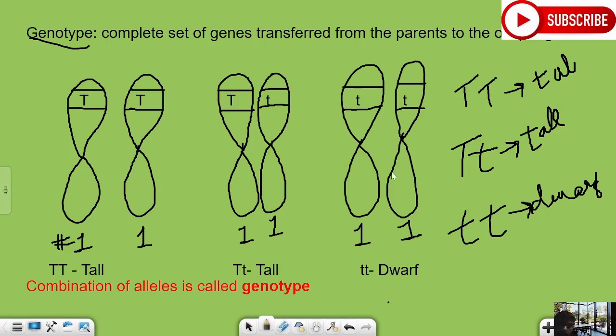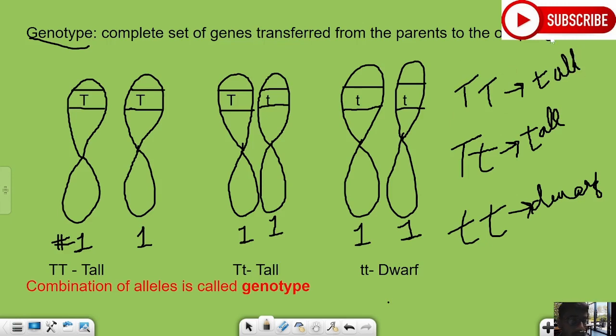So these are the three different combinations of alleles. There can be only three different combinations of alleles if we are taking a single gene. We have taken a single gene, T, which is a gene for height. This is the case of genotypes. This condition is homozygous, and it is tall.